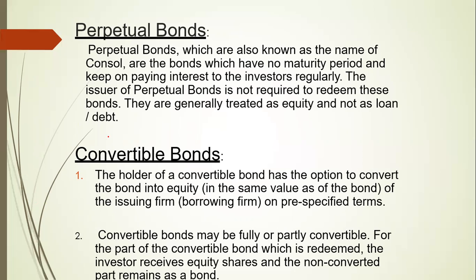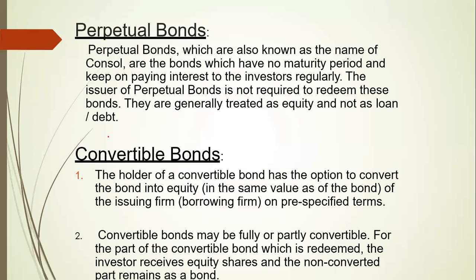So next is convertible bonds. These bonds have the option to convert the bond into equity after some period of time, at the same value of the bond of the issuing firm, on pre-specified terms. So the terms will be mentioned, and when the borrower wants, they can convert. These convertible bonds can be converted into equity shares after a certain period of time.